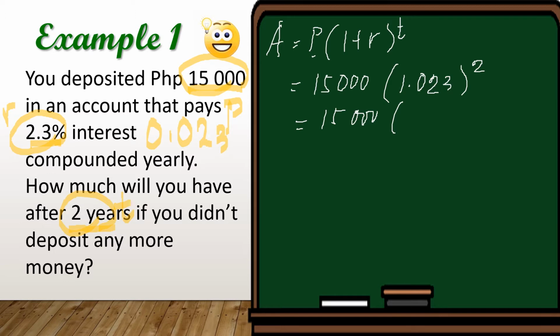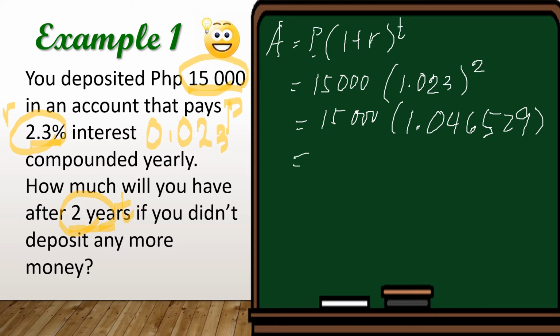Let me use my calculator. 1.023 squared is equal to 1.046529, and then multiply the result by 15,000.